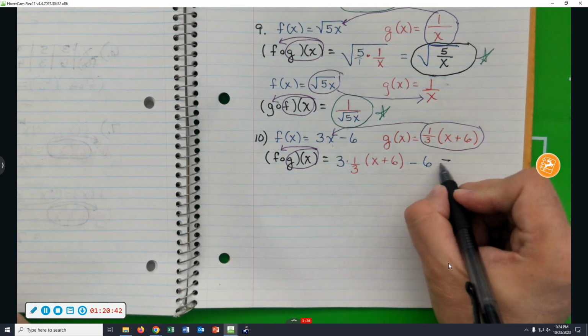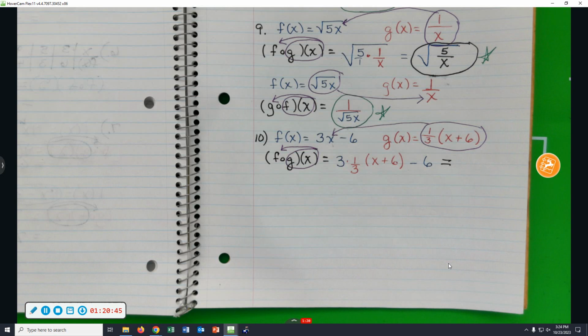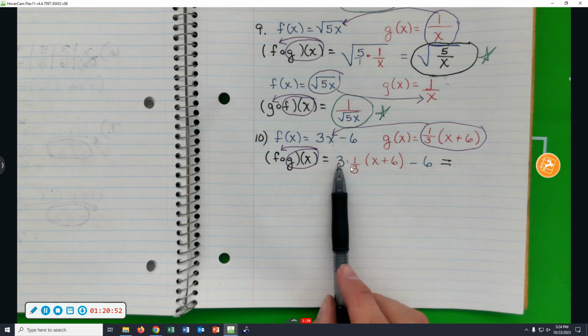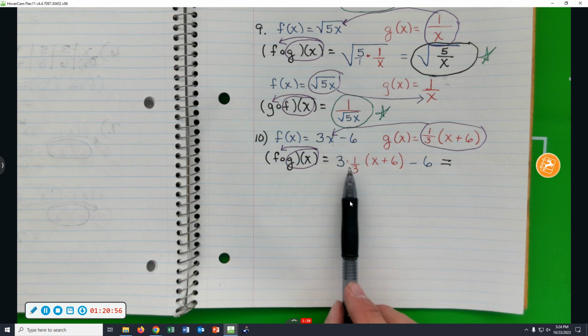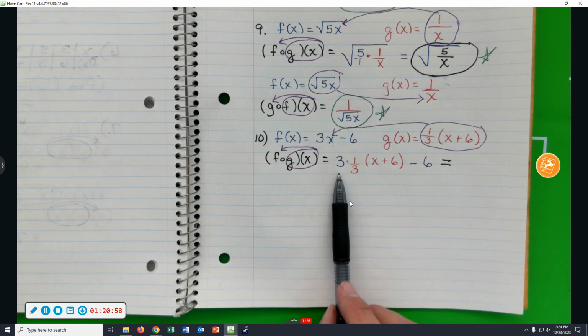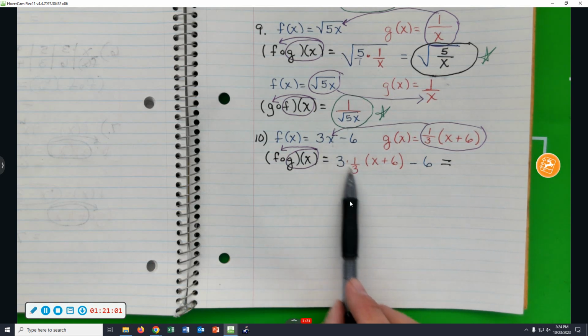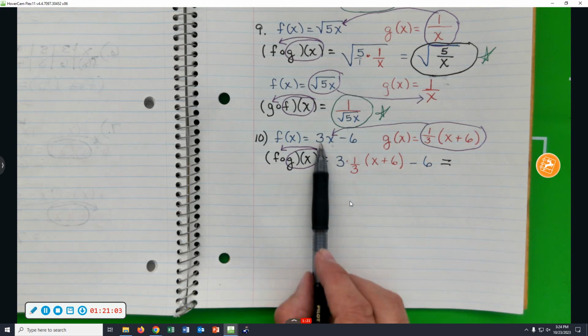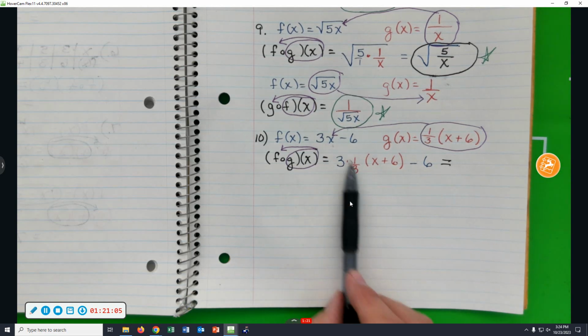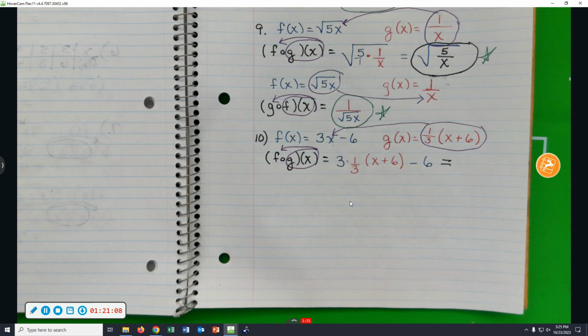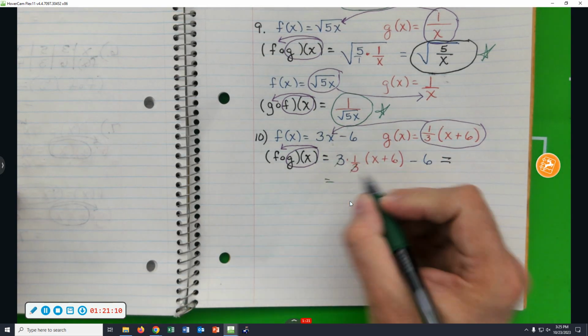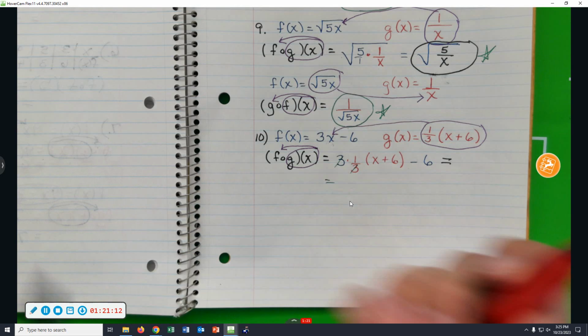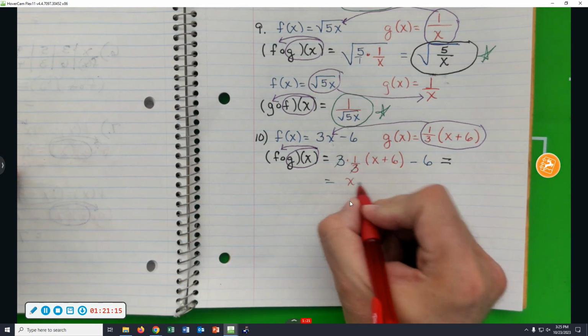Remember, you multiply from left to right. So this works out very nicely. Don't start trying to distribute a 3. You multiply from left to right. 3 times 1/3, what's about to happen? 3 over 1 times 1 over 3, it's just going to cancel, and we just have a 1 to distribute. So, distributing a 1, it's just x plus 6.